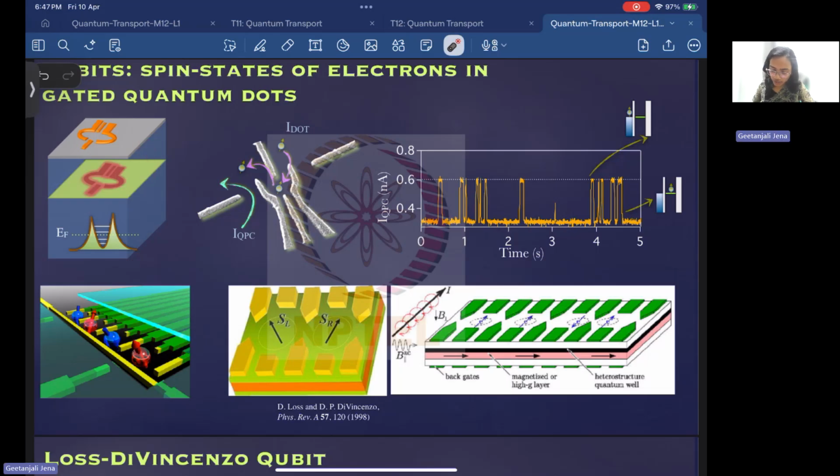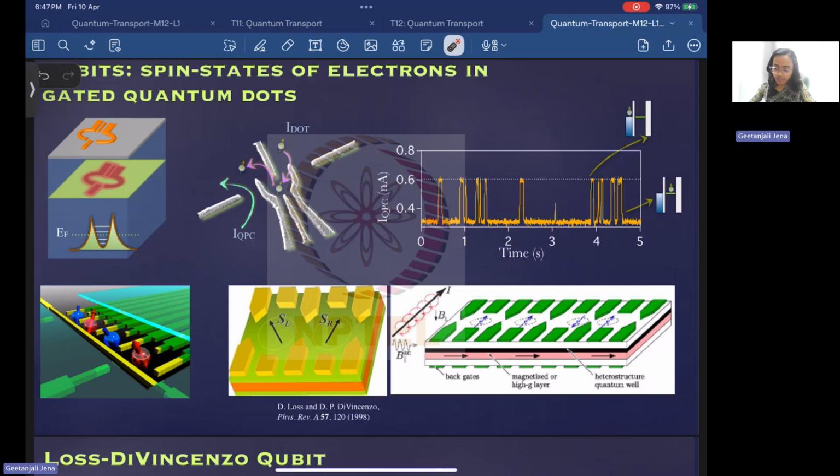Okay, and when we change the gate voltage, this is also shown here, we can either make the electron tunnel into the quantum dot, or we can make it tunnel out of this quantum dot. Okay, and with the help of a quantum point contact, which is a charge sensor, we can trace this tunneling event, whether the electron is tunneling into the dot or out of the dot.